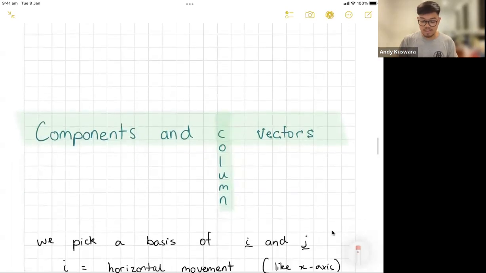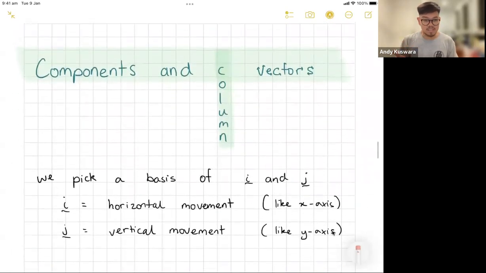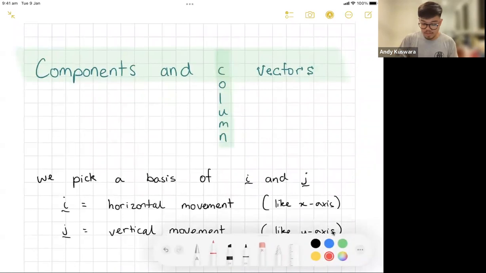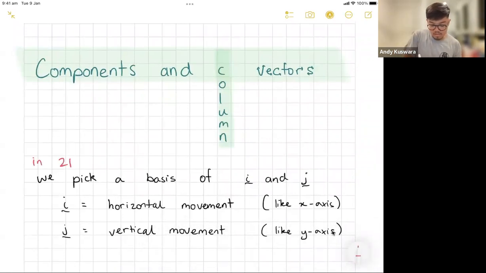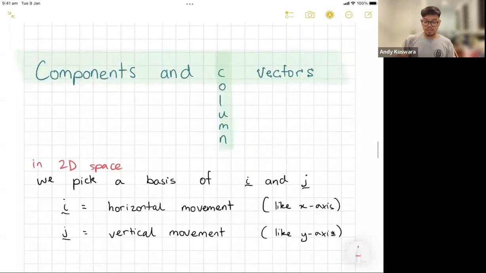There's two different ways to express vectors. It's either component form or column form. And the most important thing is, again, we're talking about a two-dimensional space. For extension one, we're talking about a two-dimensional space. For extension two, you talk about a three-dimensional space. So we talk about i and j in extension one. i is the horizontal movement, so it's like the new x-axis.